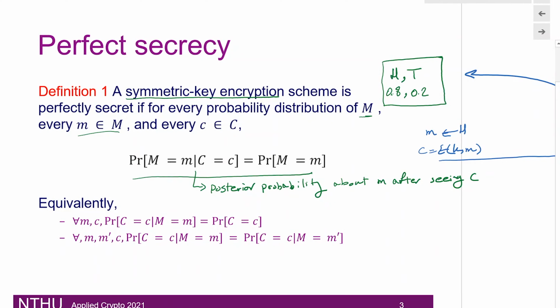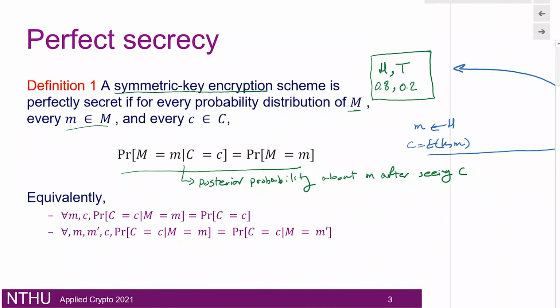So remember, perfectly secure was another definition for unconditional computational power. No matter how much computational power we give to our adversary, the system would remain secure. So this is the best thing we can achieve. And intuitively we have to satisfy this equation. So what does this equation say?